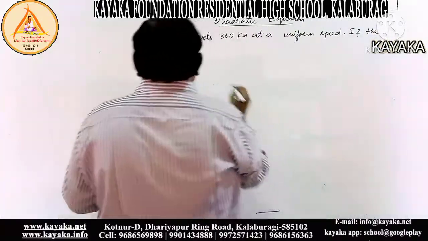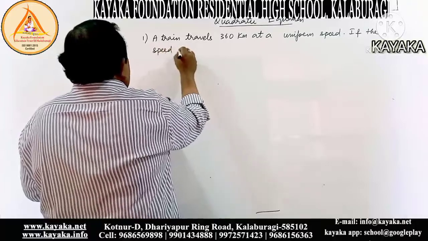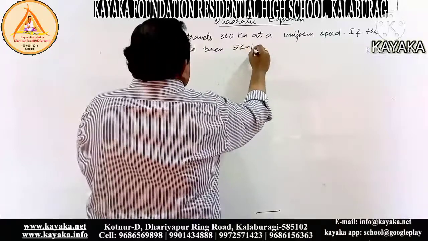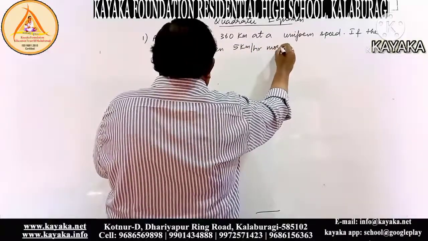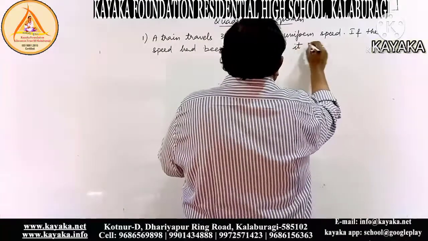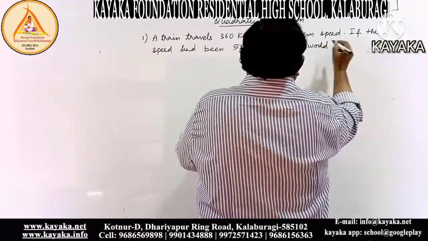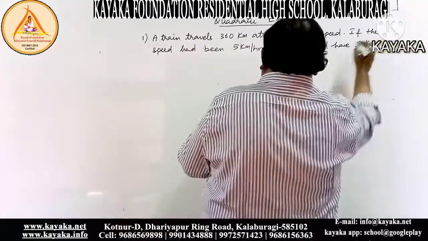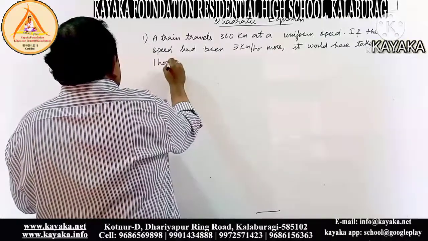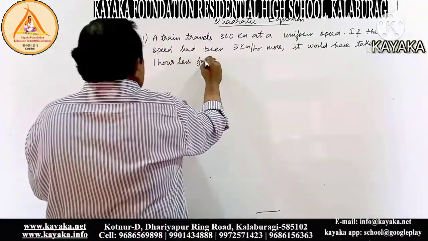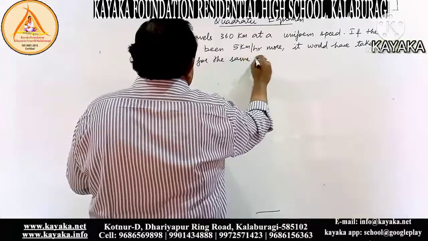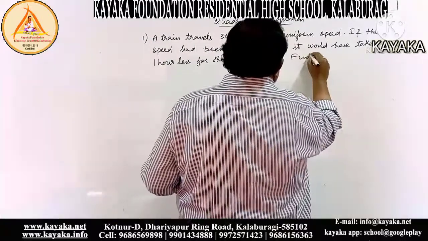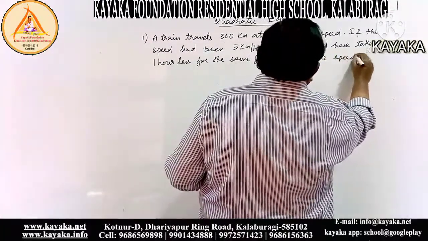If the speed had been 5 kilometers per hour more, it would have taken 1 hour less for the same journey. Find the speed of the train.